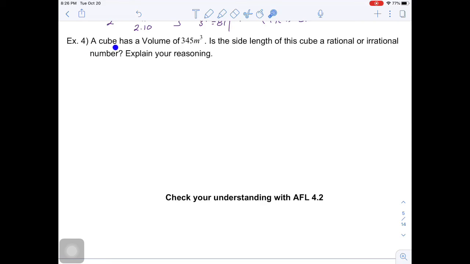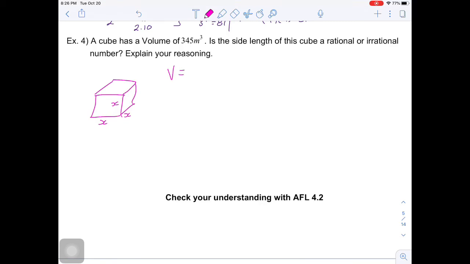And here we have a cube has a volume of 345 meters cubed. Is the side length of this cube a rational or an irrational number? Explain your reasoning. So remember what a cube is. A cube is a 3-dimensional shape made up of squares having all the same side lengths.